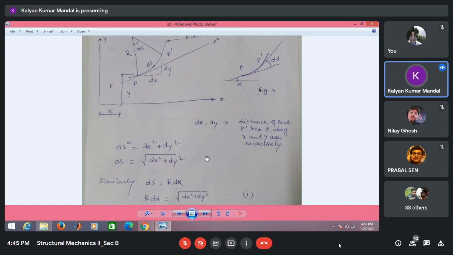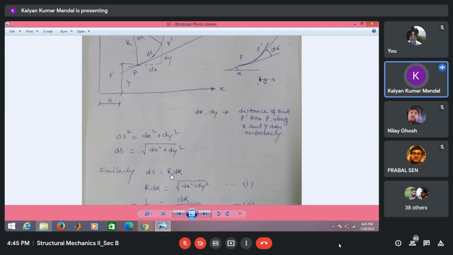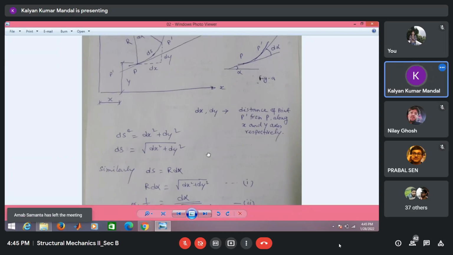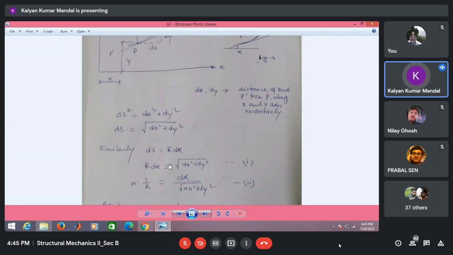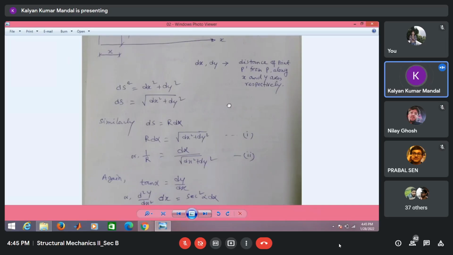Similarly, ds is equal to r d alpha. Comparing these two equations, r d alpha is equal to root under dx square plus dy square, or 1 by r is equal to d alpha divided by root under dx square plus dy square.